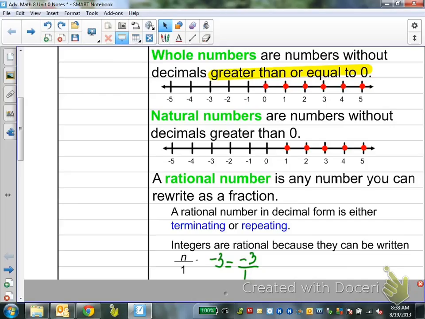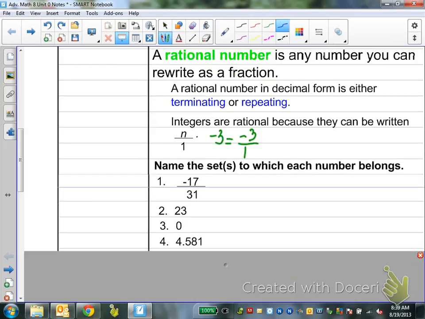Okay? So example 1, we have -17 over 31, and we want to say which set this belongs to. So when I'm going through this, I'm looking at my definitions that we've done so far, and eliminating what this number does or does not belong to. Because this is a fraction, does it belong to the set of natural numbers? The answer is no, because natural numbers are just 1, 2, 3, 4, and so on.